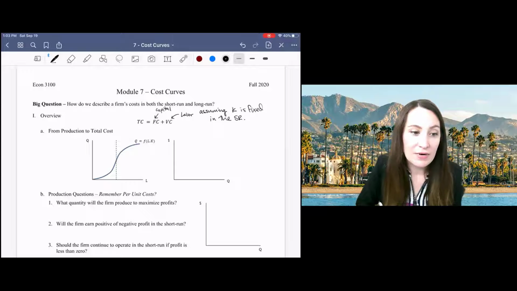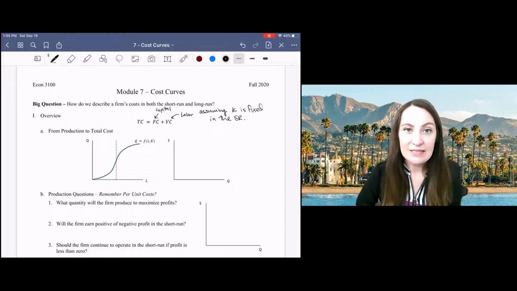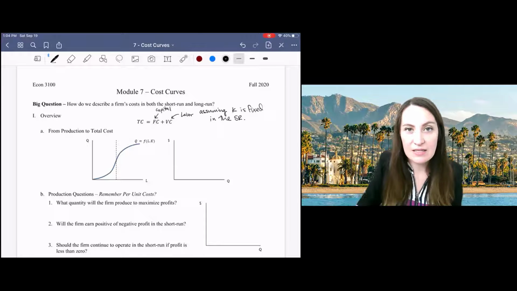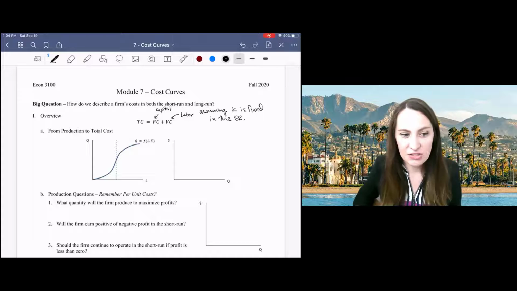And we are going to have some production function that describes how we turn inputs into outputs. And based on that production function and the cost of our inputs, we will also get a corresponding cost function. So let's just take a minute to think about the relationship between the production function and the cost function.